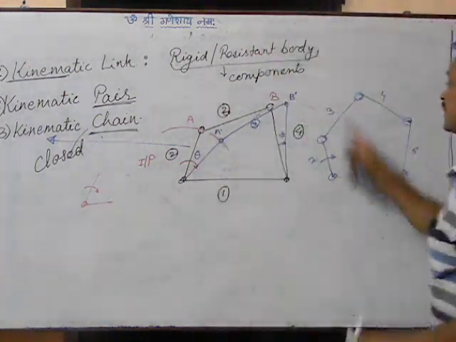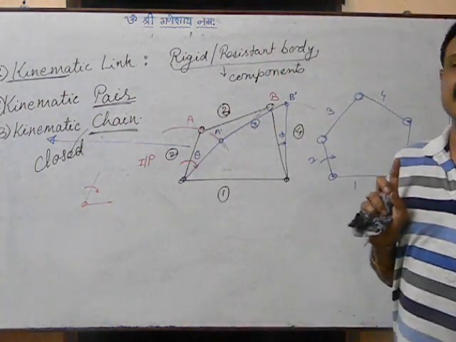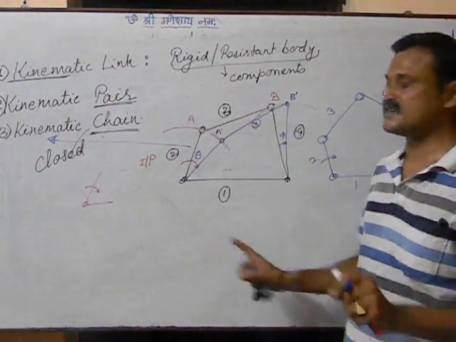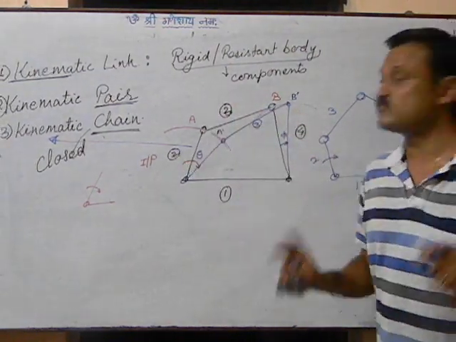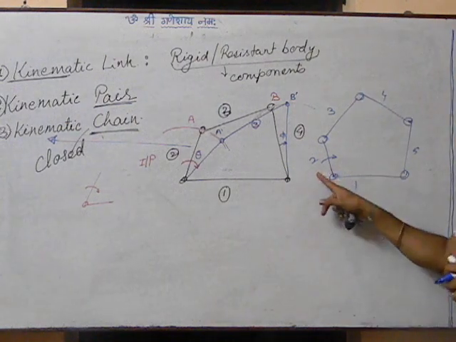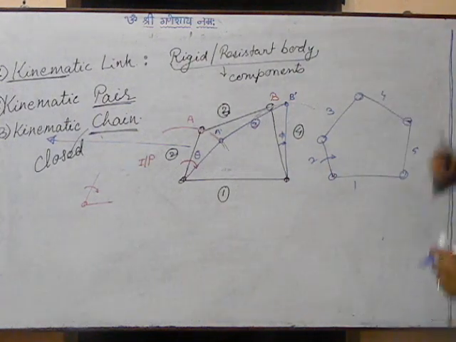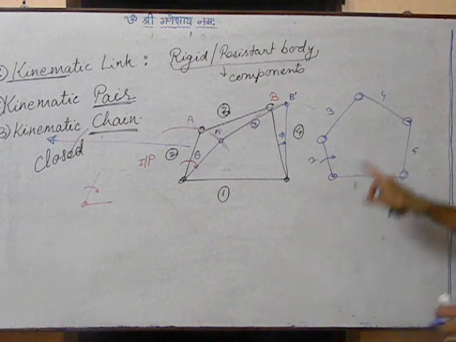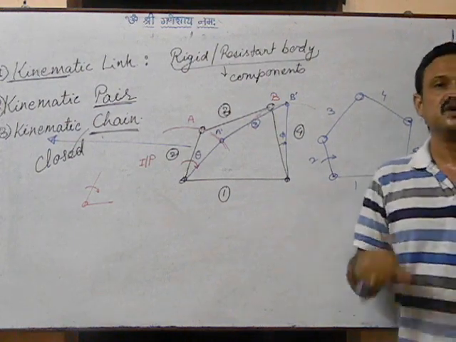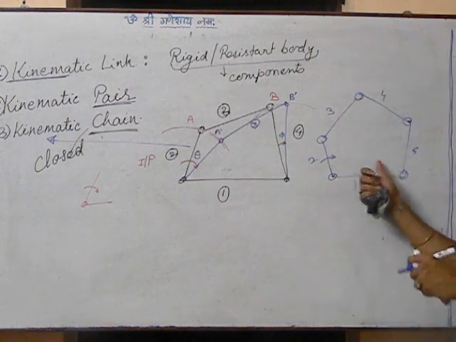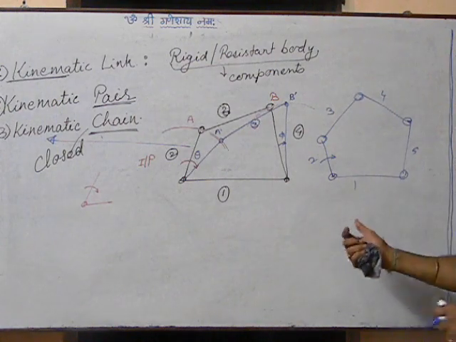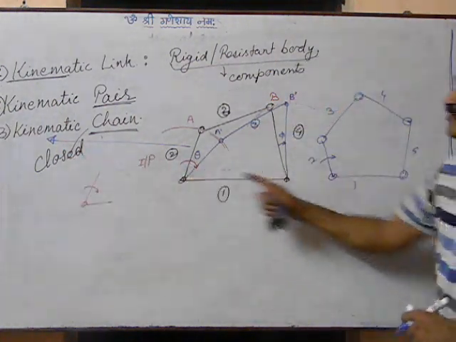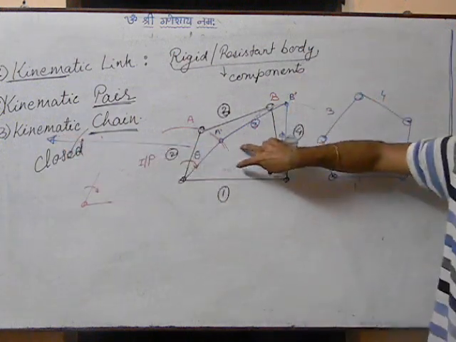So here it is not determinate. Whereas in the earlier case it is determinate that if I move 2, all members will have relative motion, but in this case if I move link number 2, I cannot predict the motion of 5. So this does not come under a kinematic chain. This will be just a chain right now, but we can make it a kinematic chain. That is how we understand what a kinematic chain is.